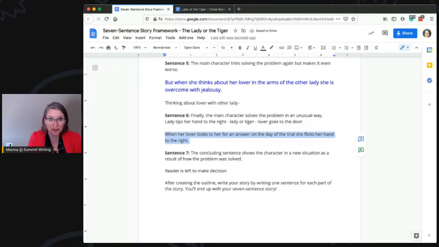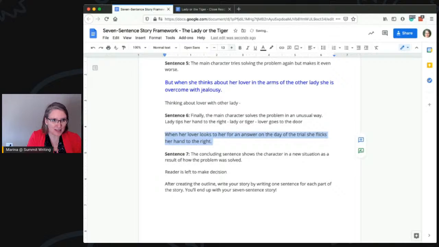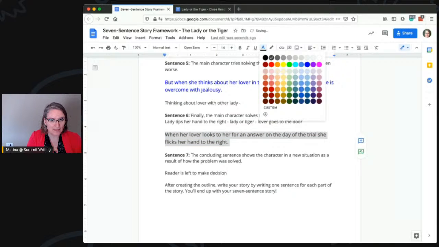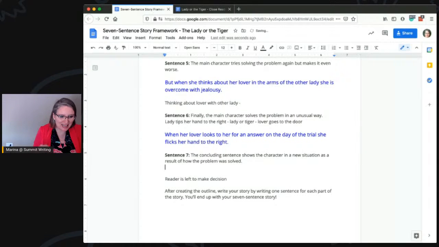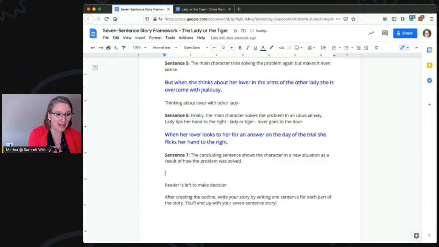Okay, so we know that she's made some sort of decision. Super. And finally, the reader is left to make the decision. Was it the lady or was it the tiger? When her lover looks to her for an answer on the day of the trial, she flicks her hand to the right.